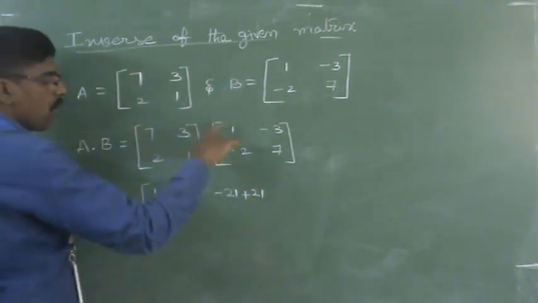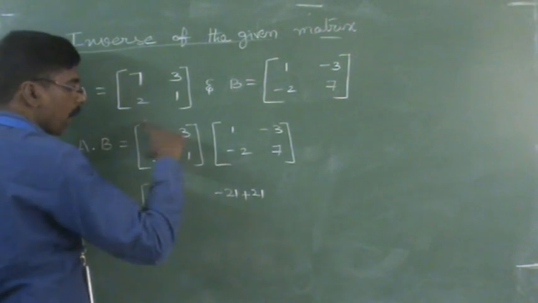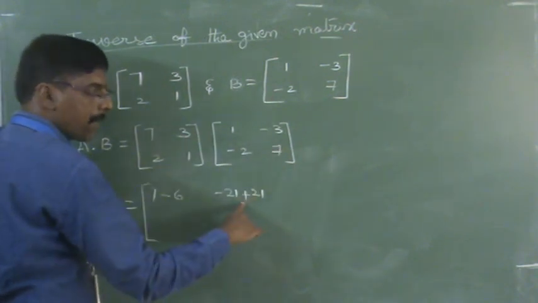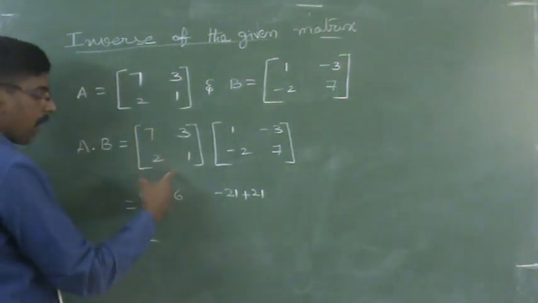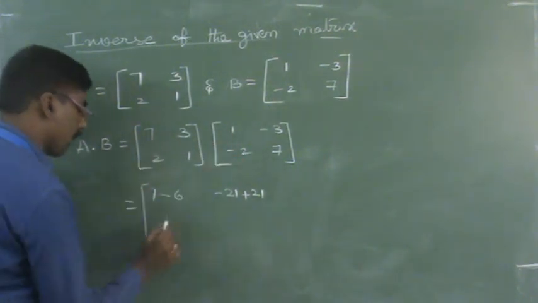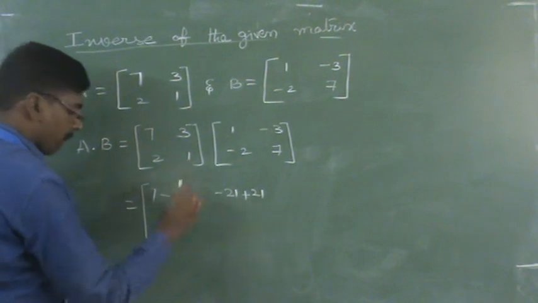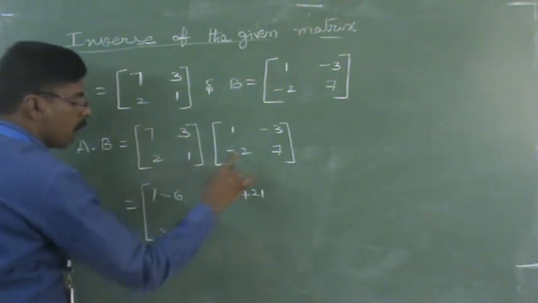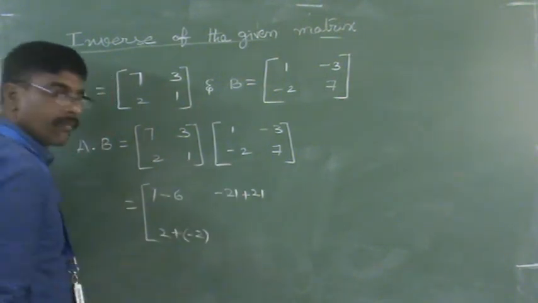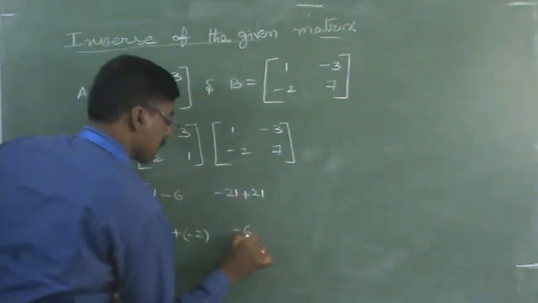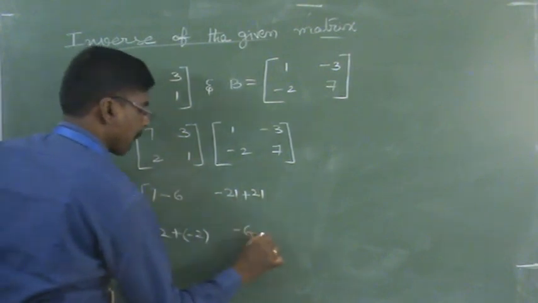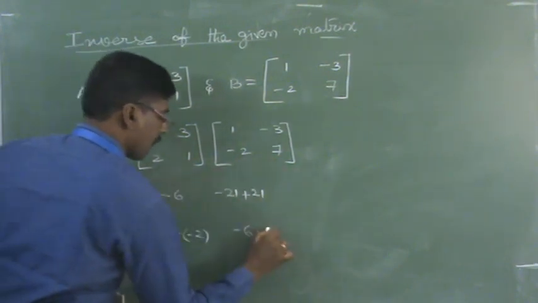So the first row first column gives one element, and the first row second column gives another element. Then coming to the second row: 2 into 1 is 2, plus 1 into minus 2 is minus 2. Similarly, 2 into minus 3 is minus 6, plus 1 into 7 is 7.